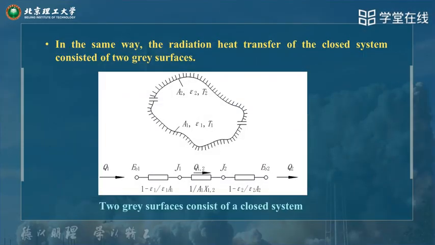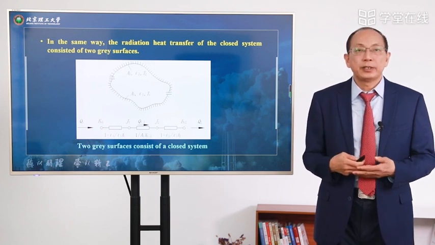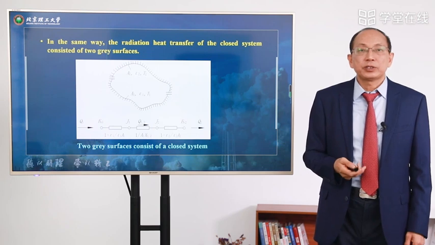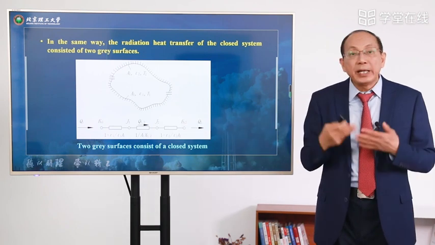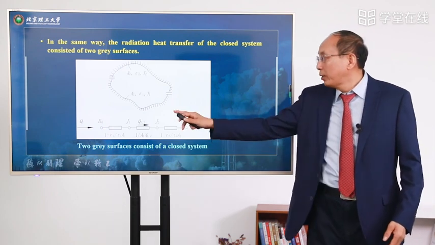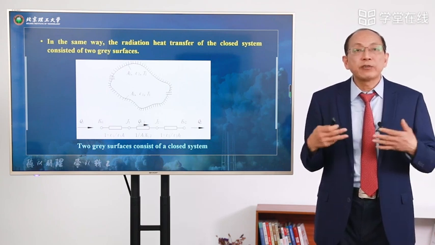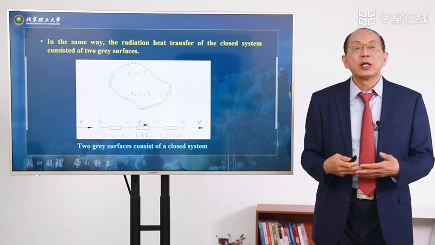In the same way, we can do some calculations for the surface system. The very typical case is a closed system consisting of two gray surfaces like this. There are three resistances together: one is surface resistance, the middle is space resistance, and another one is surface resistance. 1, 2, 3: three resistances for two gray surfaces forming a closed system.